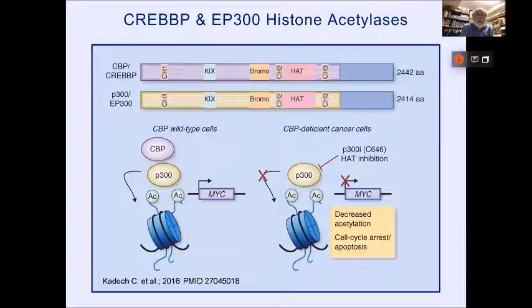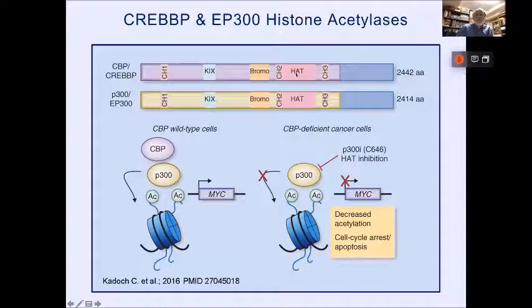It is different from CAT6A, but this is just to show that a deficiency of two proteins causes Rubinstein-Taybi syndrome, and these are histone acetylases with structures that are not unlike those of CAT6A and CAT6B.